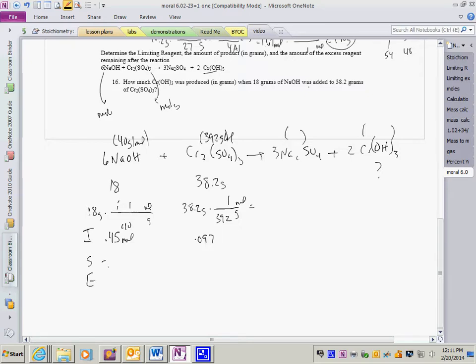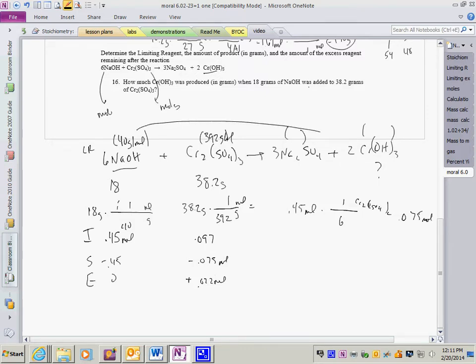Let's try it. 0.45 down to 0, 1 to 6 ratio, let me show that math here. 0.45 moles at a 6 to 1 ratio, going to the Cr2(SO4)3, the reactant, equals 0.075 moles needed. Minus 0.075 moles, doing that subtraction means I have a positive 0.022 moles left over. Okay, so this is verified as being my limiting reactant.